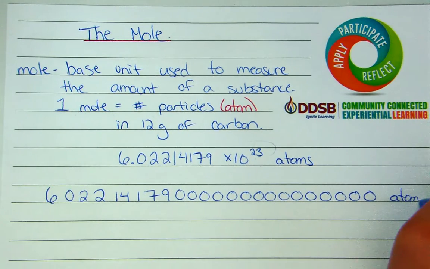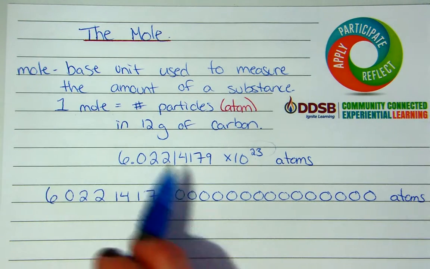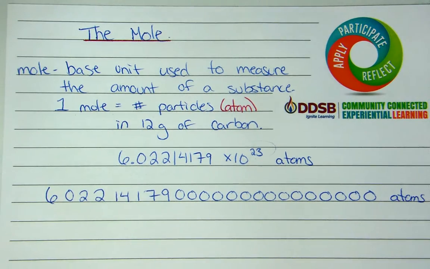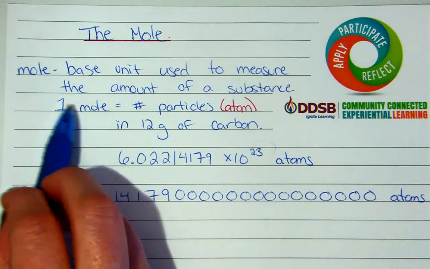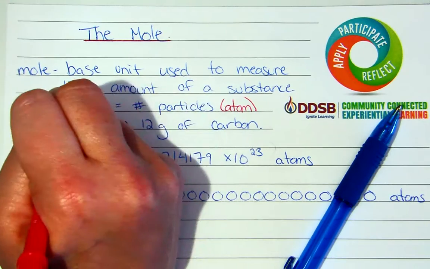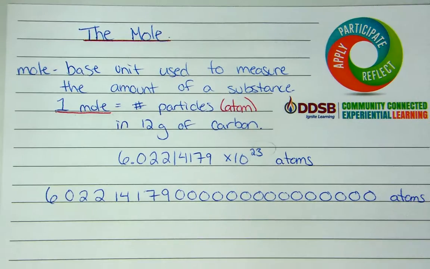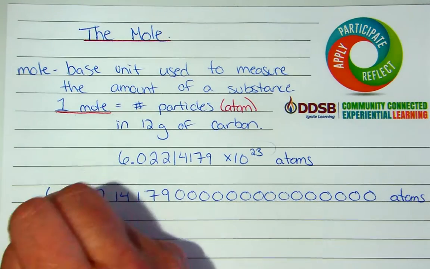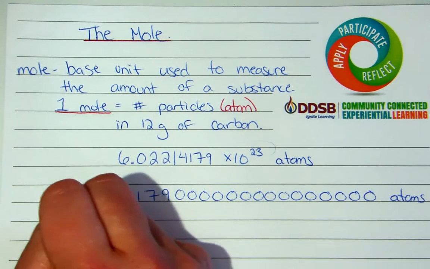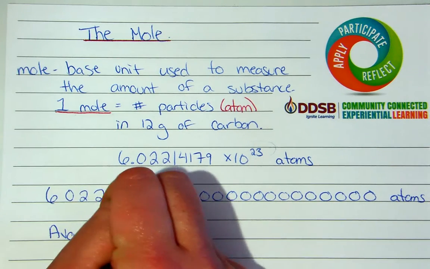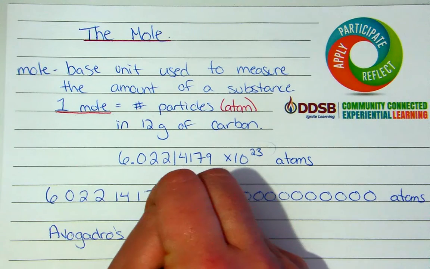It's that many atoms. We have the option of writing it out like this, or saying 1 mole. Me, I will take 1 mole. Thank you very much. So this number here is actually defined as Avogadro's number, and we're going to be using this a lot, so please get very familiar with this value.